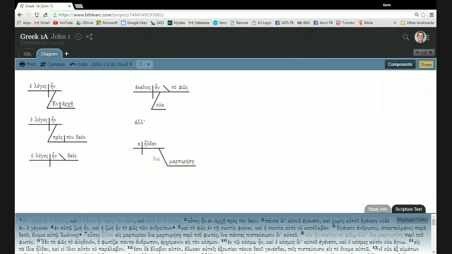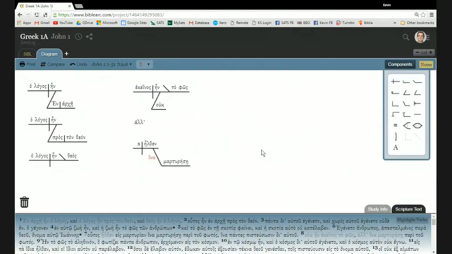In order to bear witness, and then peri tou phōtos is of course a prepositional phrase, so we're going to say peri. It's modifying this verb. And peri with the genitive means concerning, so he came in order that he might bear witness concerning the light.